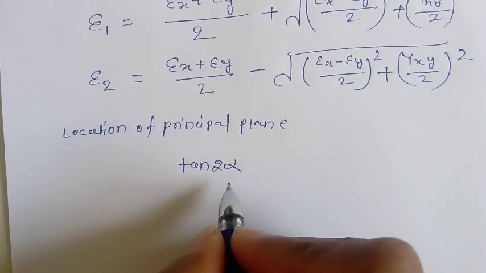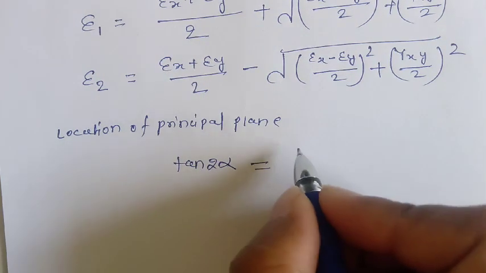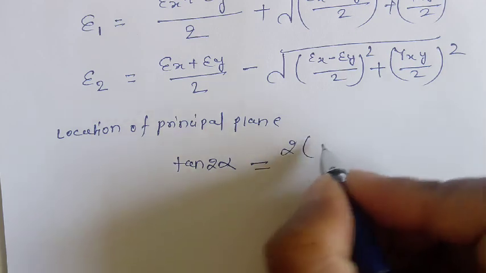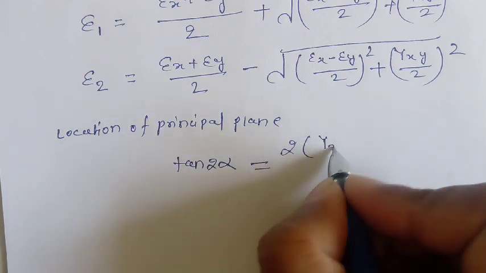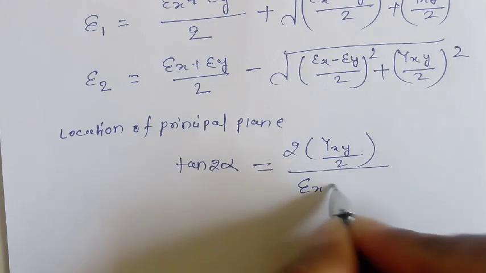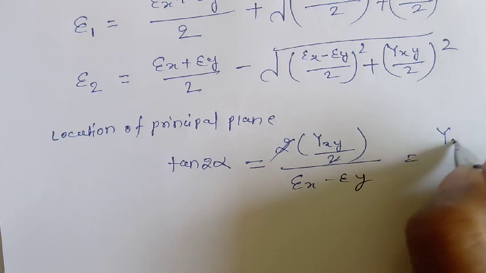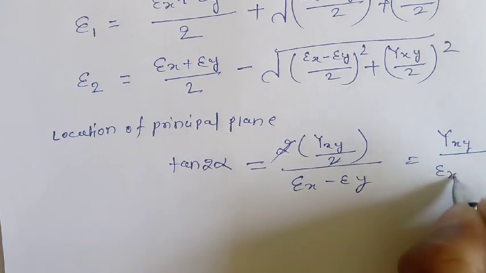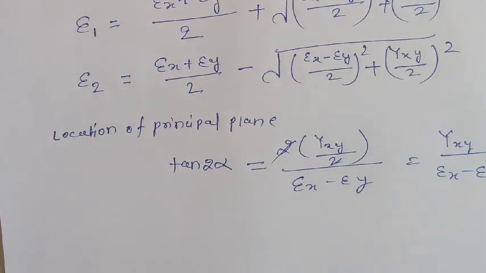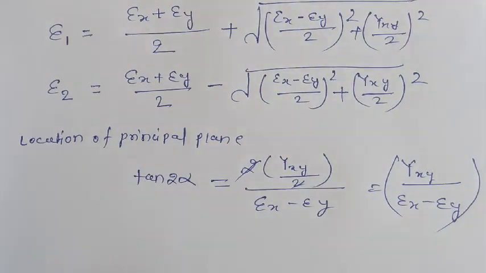Alpha is nothing but the angle of the principal plane, and here we can write 2, and tau xy is replaced by gamma xy by 2, upon epsilon x minus epsilon y. If we cancel this 2, it would be gamma xy upon epsilon x minus epsilon y. This is the formula for the location of the principal plane.